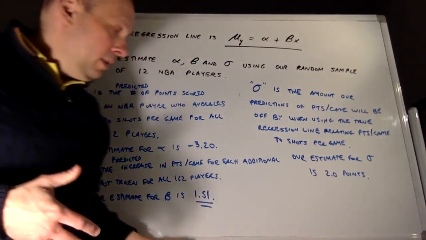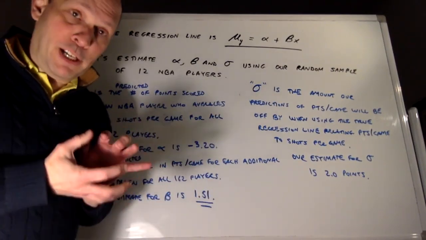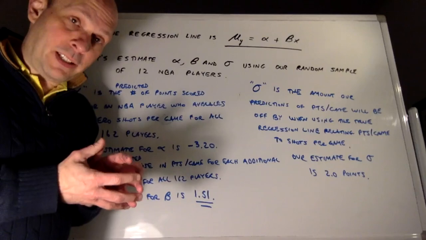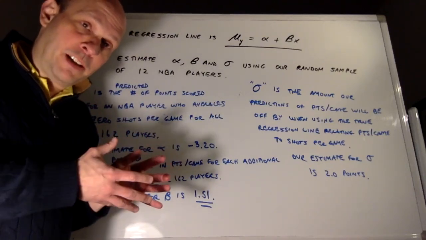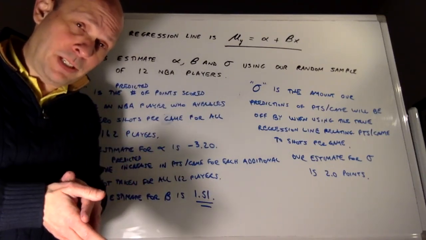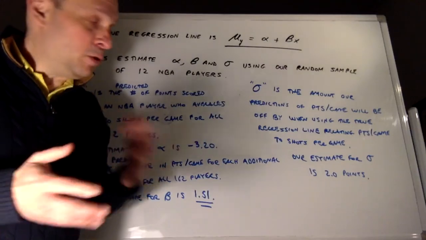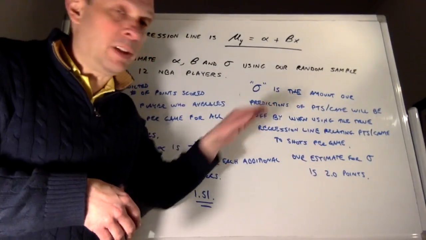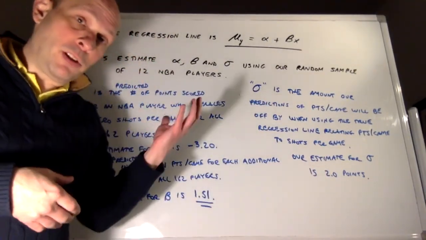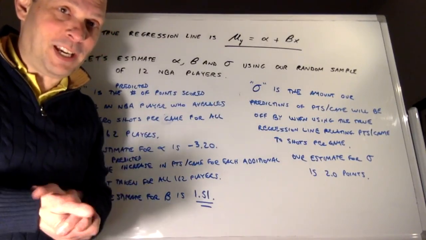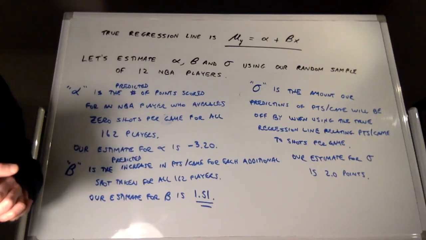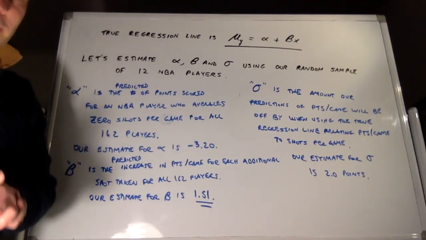So what that means is if we had our hands on the true regression line and used it to predict the points per game for a player based on how many shots they take per game, we'd be off by about 2 points on average, since that's an estimate for the real number, which means sometimes we'll be off by more than 2, sometimes less than 2. So that's a measure of how accurate our regression line would be in making those predictions.